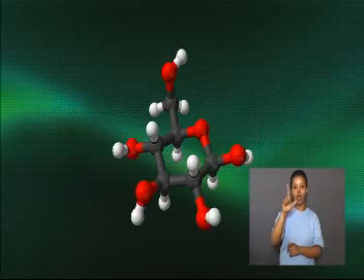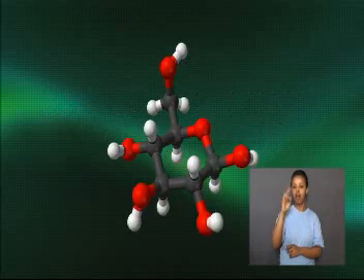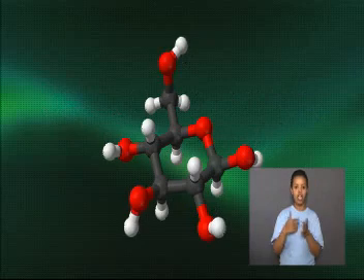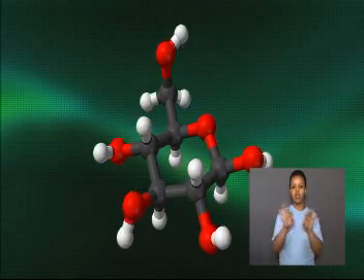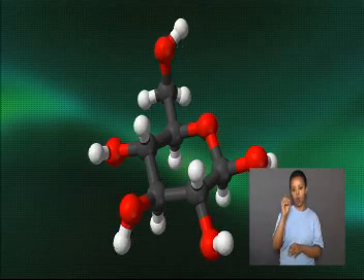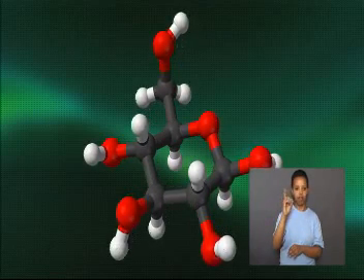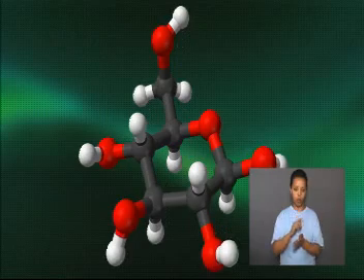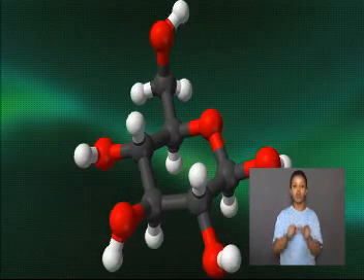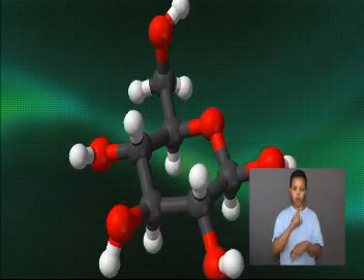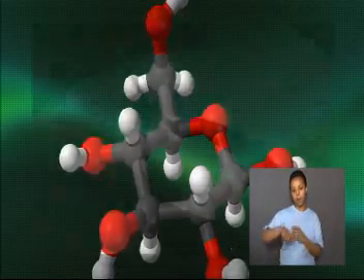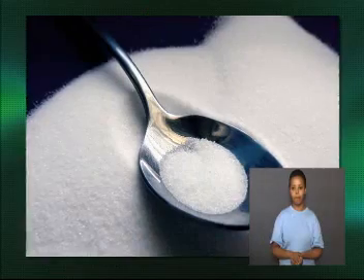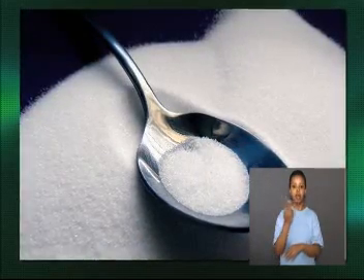The simplest form of sugar is called glucose, and it is the most essential monosaccharide on Earth. Glucose is used in cellular respiration, and it is created by photosynthesis in plants. A common form of sugar is table sugar.